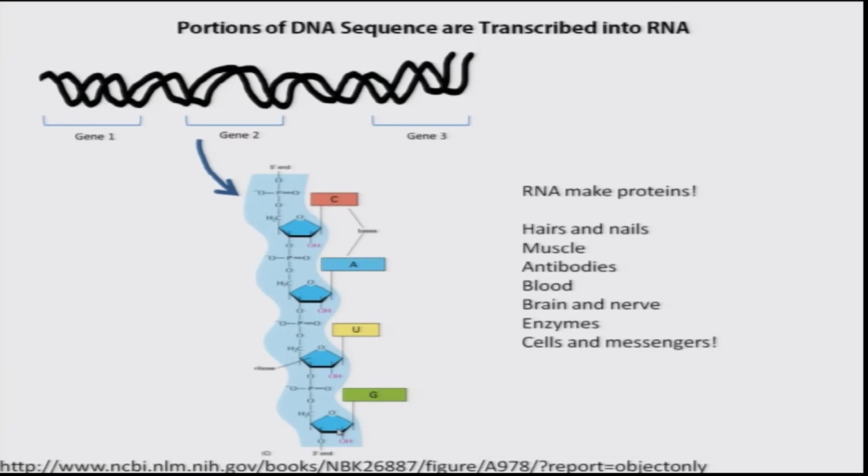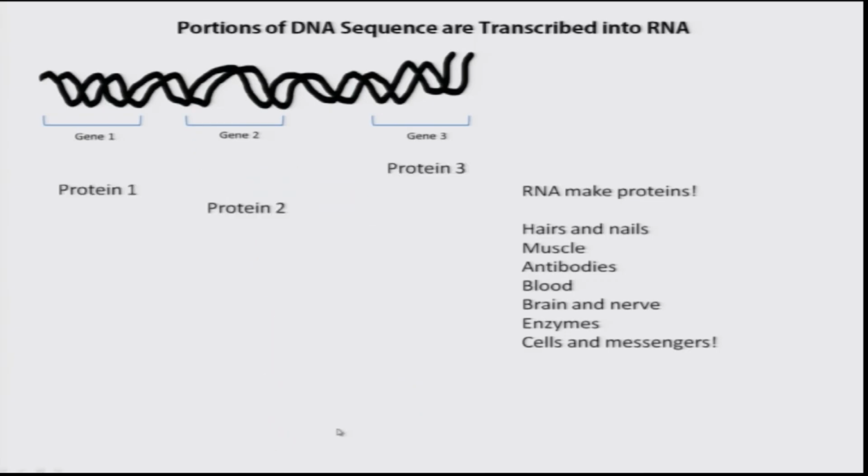So that provides the signal for making the protein, and you have proteins everywhere, whether it's your hair, nails, muscle, antibodies, blood, plasma, or even the different types of cells that you have, brain, nerve, enzyme, and you name it, any of them would be made up of proteins. So that signal comes from your DNA via the RNA.